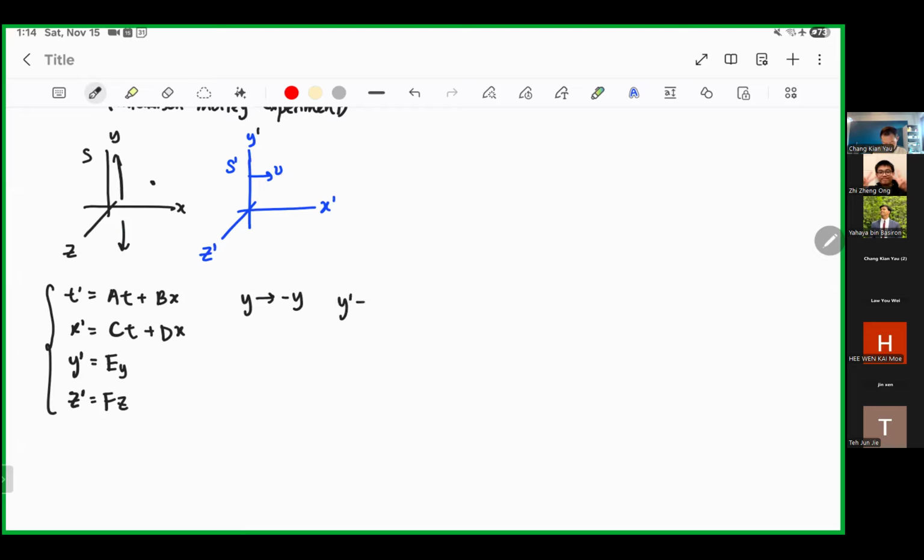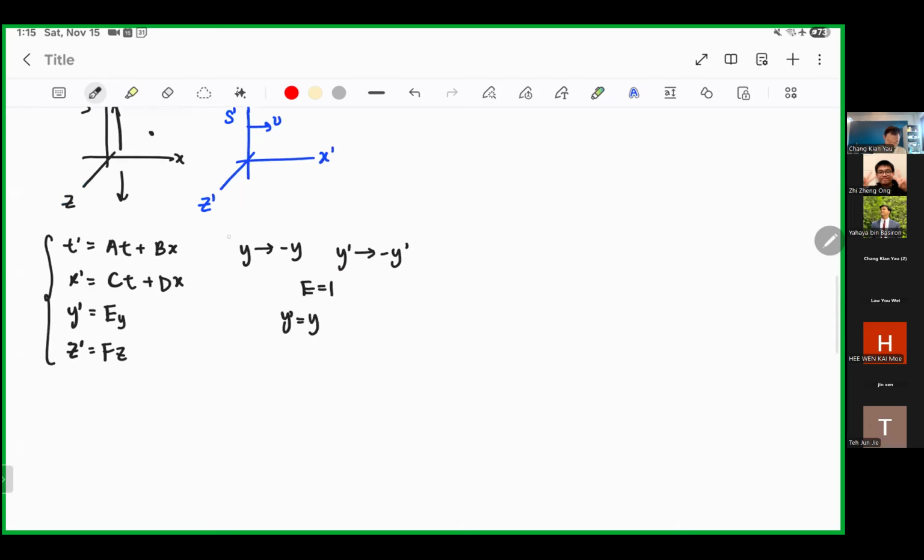So y' would turn to negative y' as well, and this relationship would hold if e equals 1. So we get y' equals y. Similarly for z: if z goes to negative z, then z' will go to negative z' as well. So f would be 1, and then z' equals z.